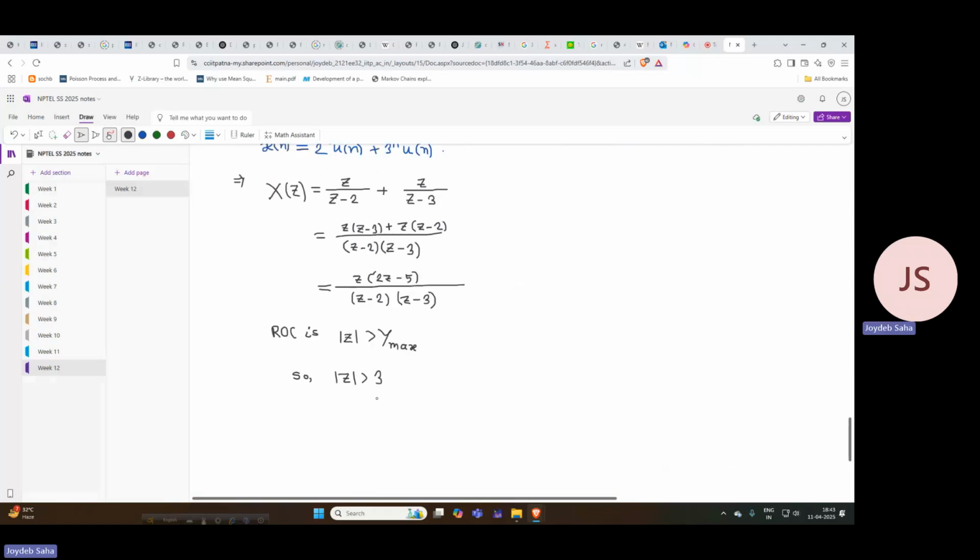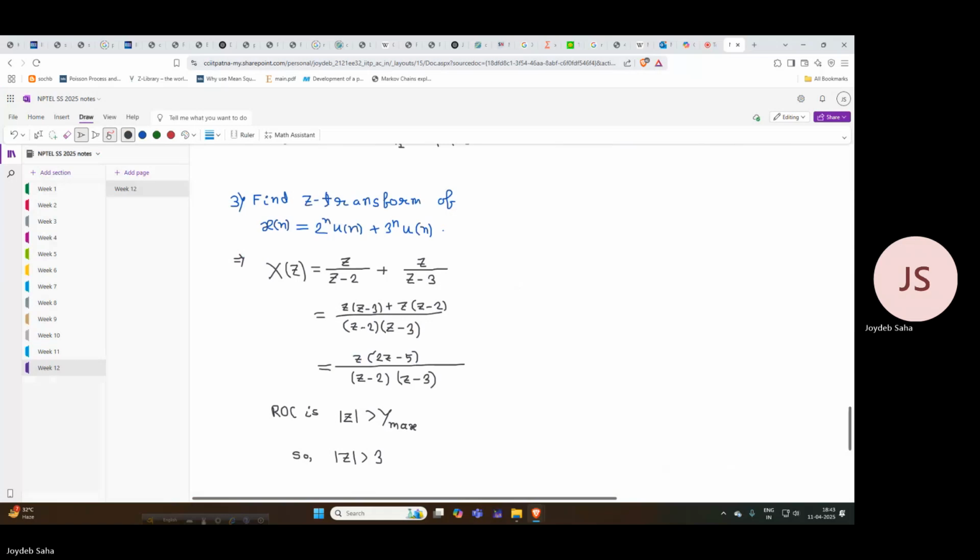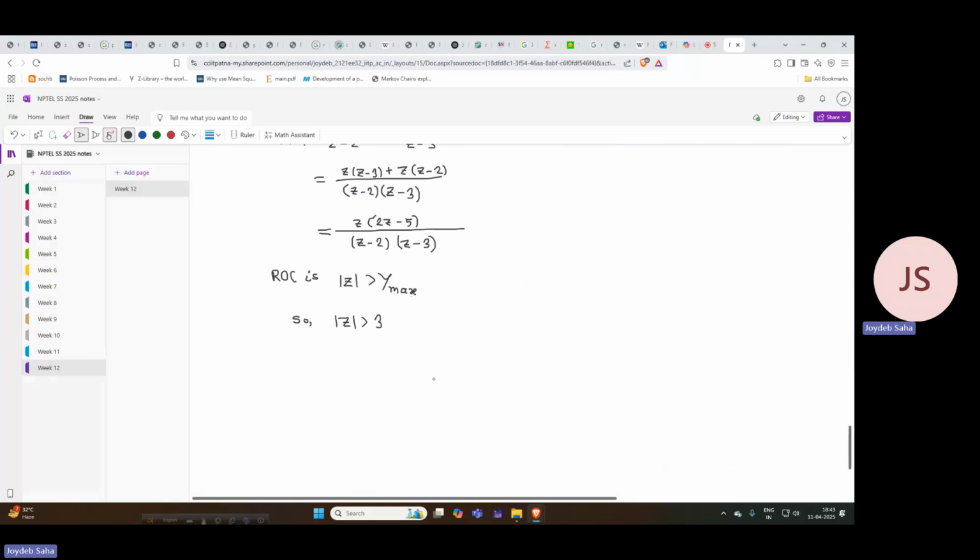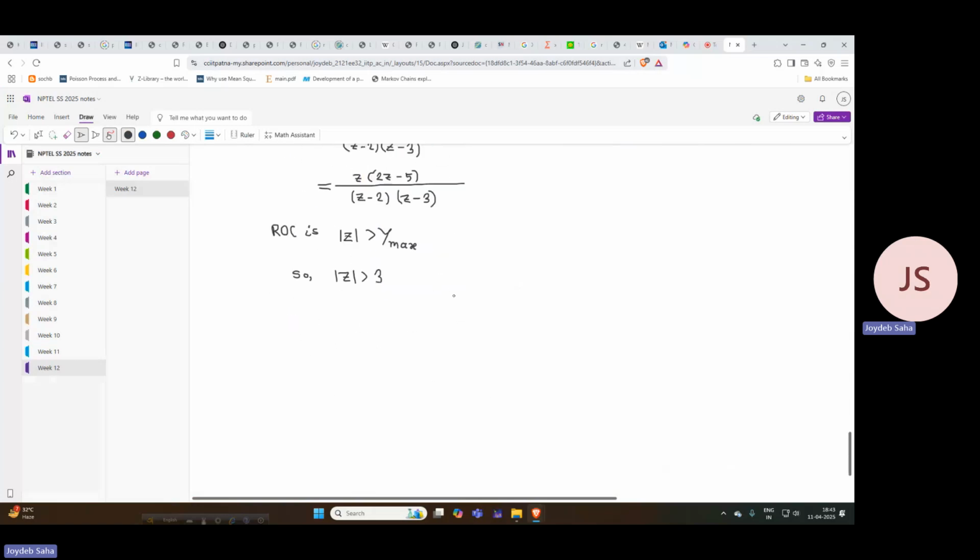Have a look on this solution. Take 2 minutes and try to understand. If there is any doubt or query, please ask. So basically the ROC, if we plot it, how will it look like?